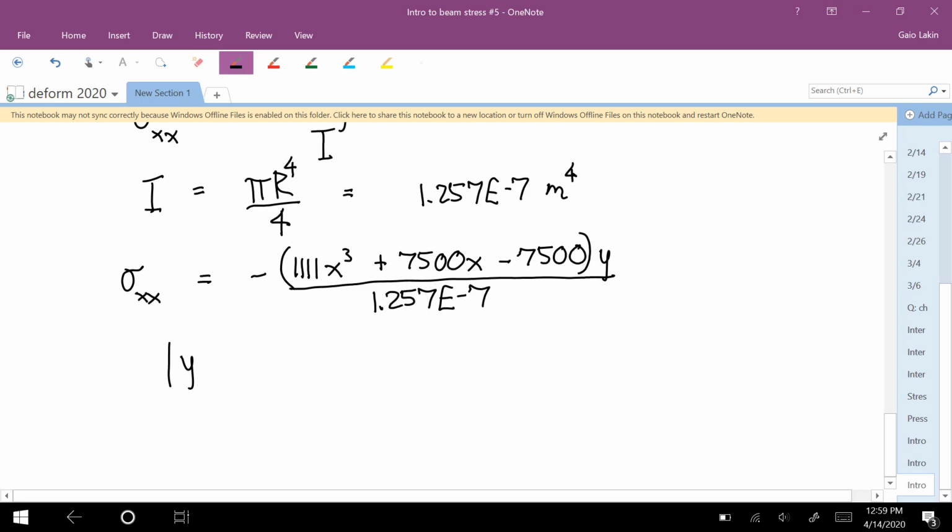The maximum absolute value of y is going to be when you're either at the top of that circular cross section or the bottom. So that's going to be 0.02 or negative 0.02. They're the same. So that's what we're going to plug in for y. Now let's figure out what that function looks like. And you can do this in a plotting program, or if you wanted to go through the calculus and find the maxes and mins and stuff, you could do that too.